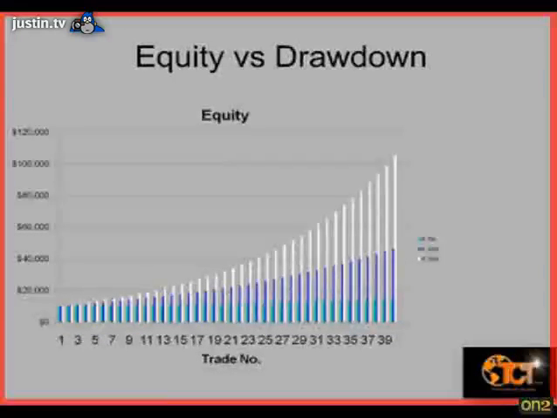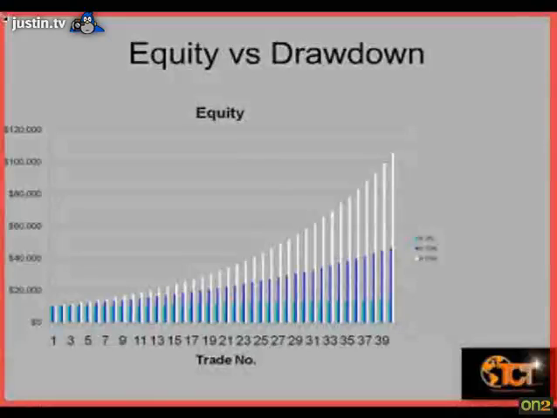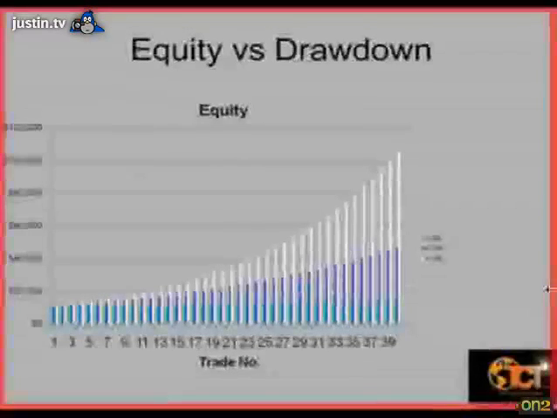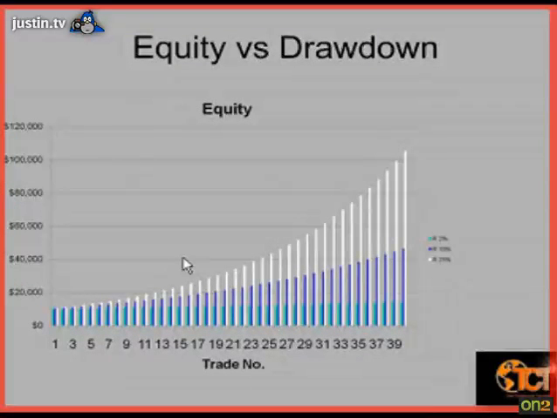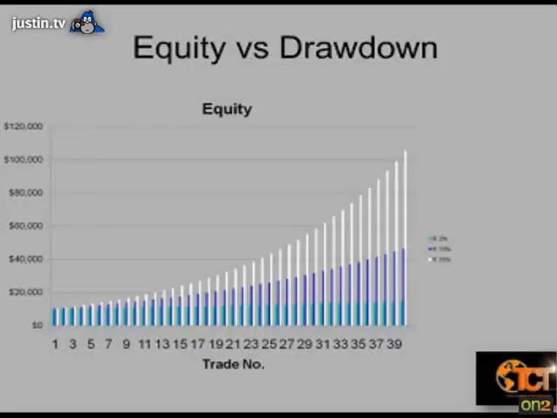As you can imagine, this is just a graph that roughly shows what happens with your account equity growth over time, and you might be able to see there's three bars there which indicate the account growth.